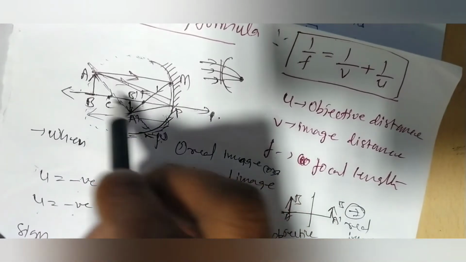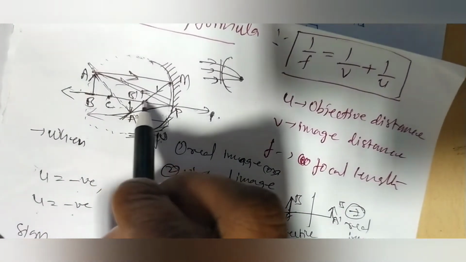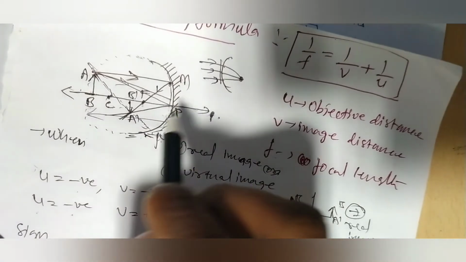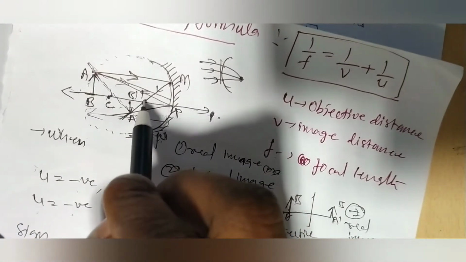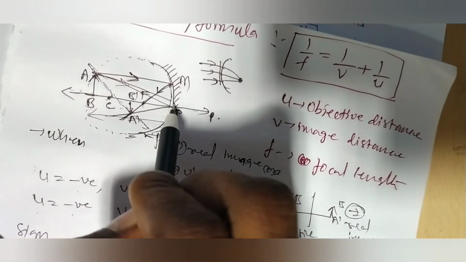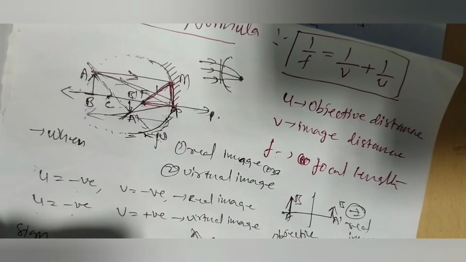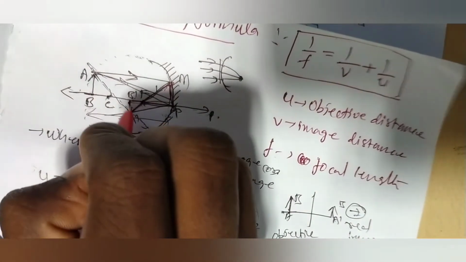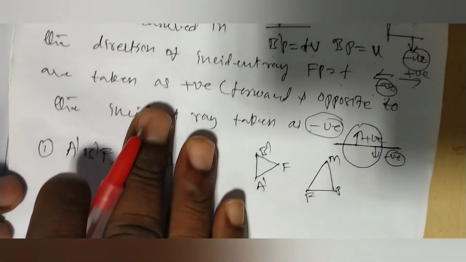See here M, one is A dash B dash F, one right angle, another one is PF. See here, MPF. There is another right angle, another one is A dash B dash F. Two right angles will be taken.